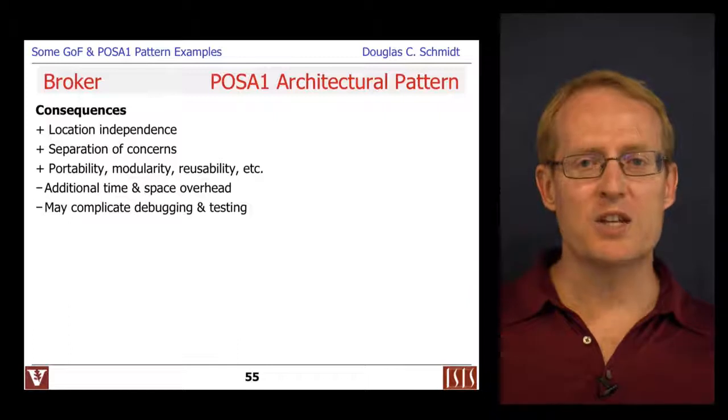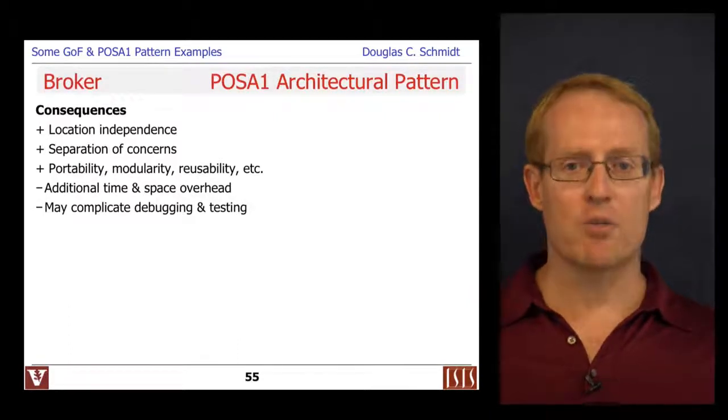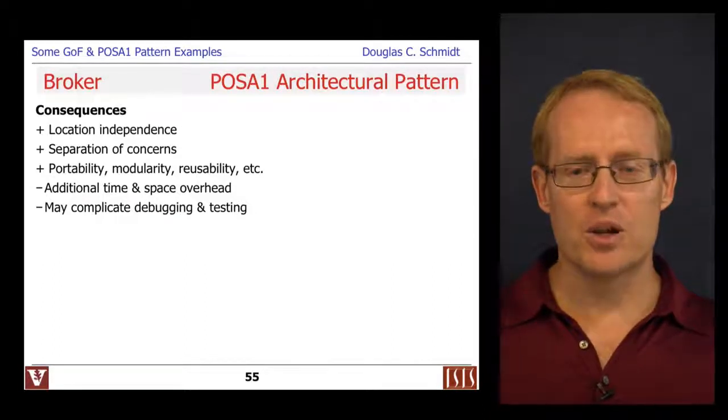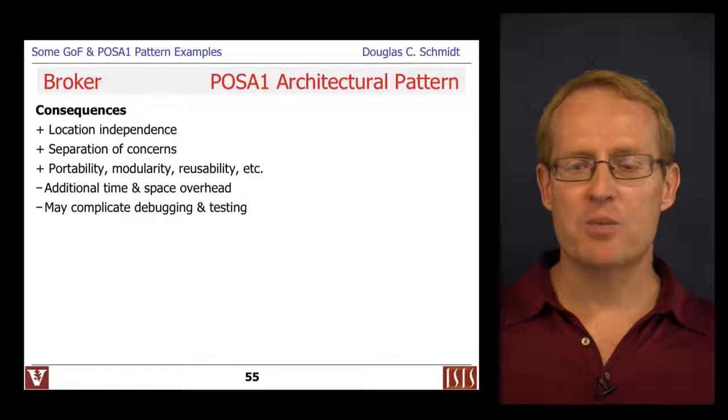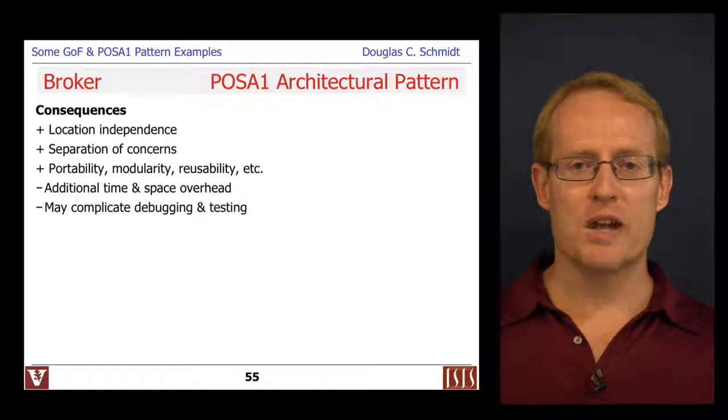There are a number of implementation considerations when you go to reify or instantiate the broker pattern. One of the big questions is, do you put time into optimizing interactions between clients and objects that happen to be co-located in the same address space?